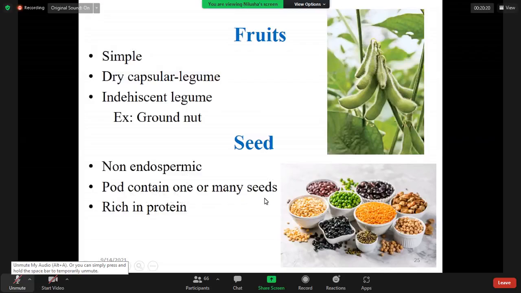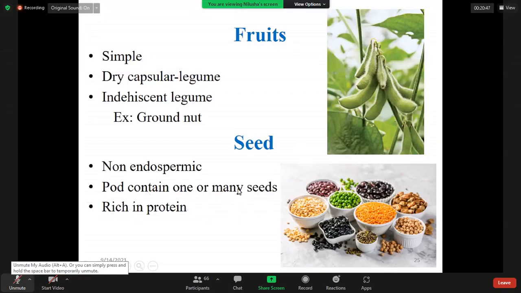The next character is that the pod contains one or more seeds. In here you can see this pod contains more than 2-3 seeds. In case of cowpea and green gram, they contain many seeds. In case of groundnut, sometimes only 2, maybe only 1.